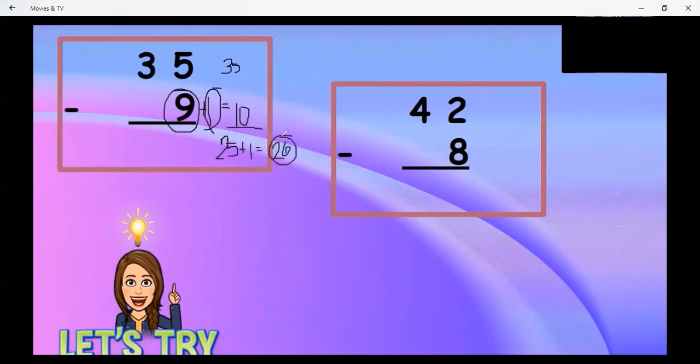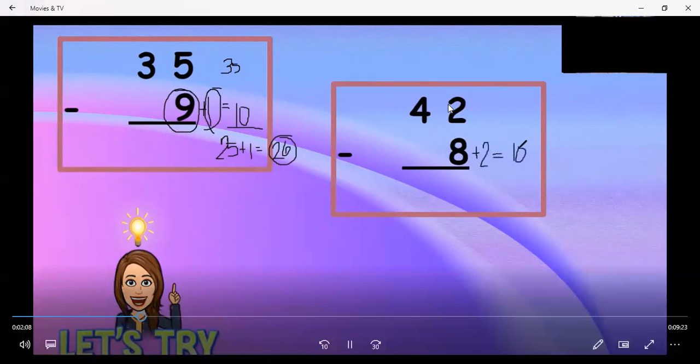Another example, we have here 42 minus 8. Think of a number that if you add to 8, the answer is 10. Of course, that is 2. So 8 plus 2, the answer is 10. Now we will subtract the numbers.